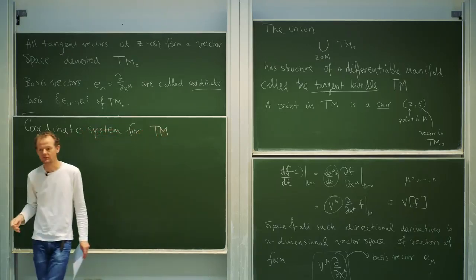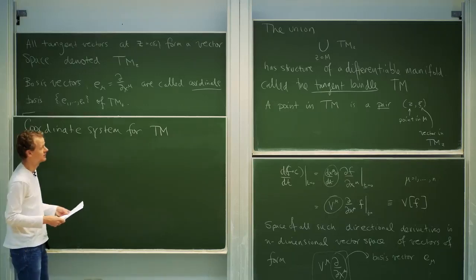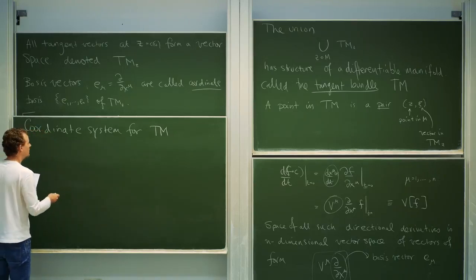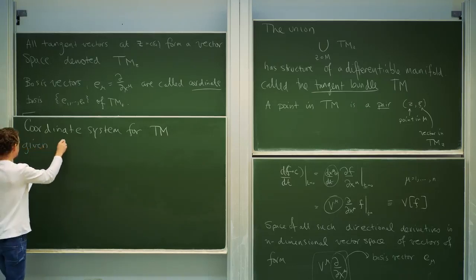And that coordinate system is given simply by the coordinate system on the manifold and coordinates of the tangent vector space. So it's actually easier to write it than say it.